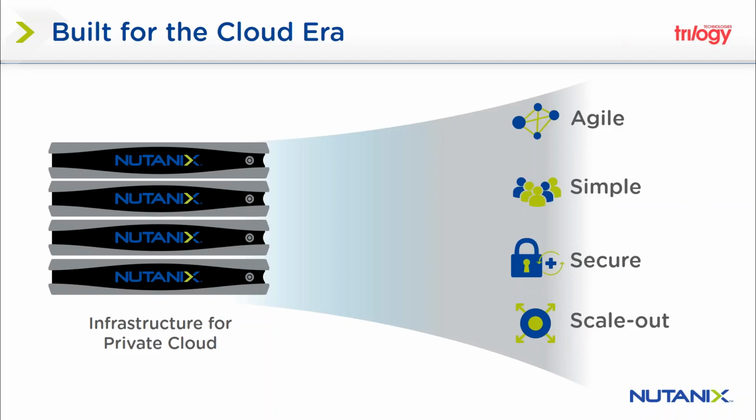Highly agile, very simple to manage and deploy and scale, incredibly secure because less moving parts equals more security equals less attack surface, and as I talked about, incredibly easy to scale out, 1 small node at a time without reaching any kind of bottleneck like you would when you're scaling with SAN.